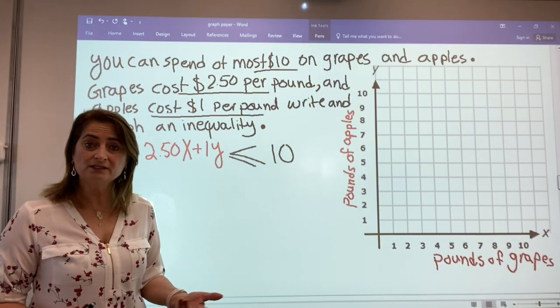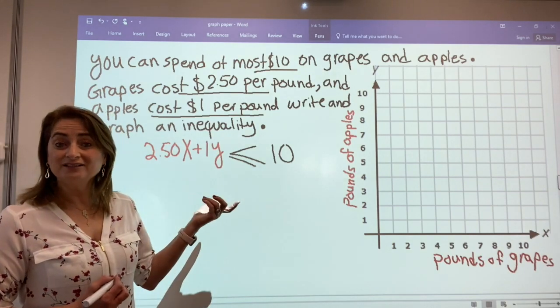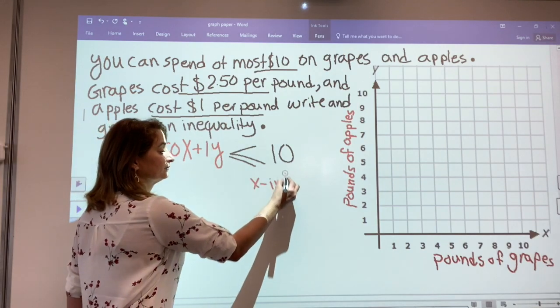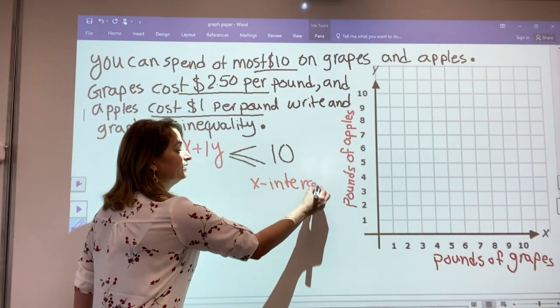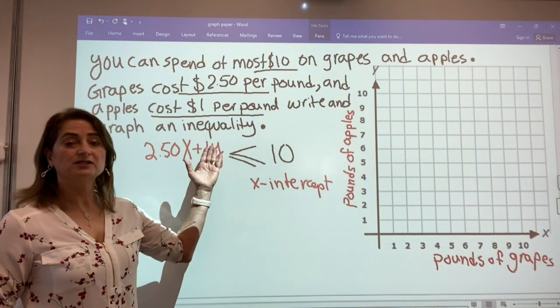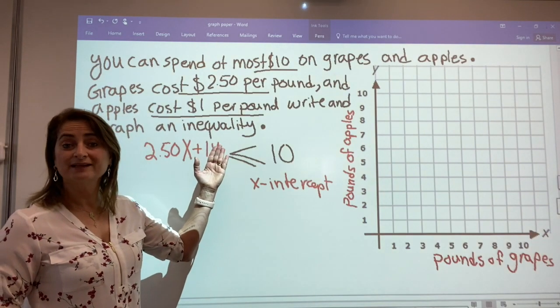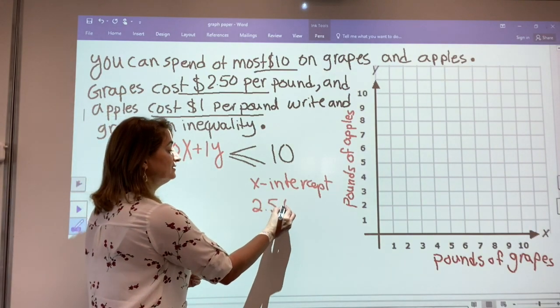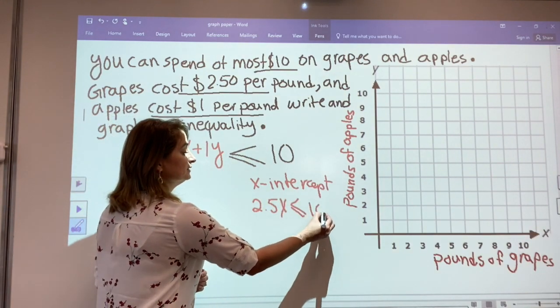How do we solve this? Again, since it's in standard form, find the intercept. So I find the X-intercept by covering the Y, because Y has to be 0 for it to cross the X-axis. Therefore, 2.5X less than or equal to 10.